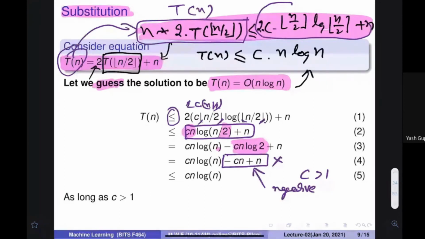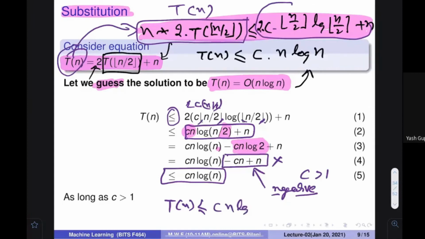So I am going to remove this part and say that this is less than or equal to cn log n. So ultimately what I achieved is that Tn is less than or equal to cn log n, if c is greater than 1. So if c is greater than 1, can I find any value that is greater than 1? I can take c equal to 2. Okay, no issues.